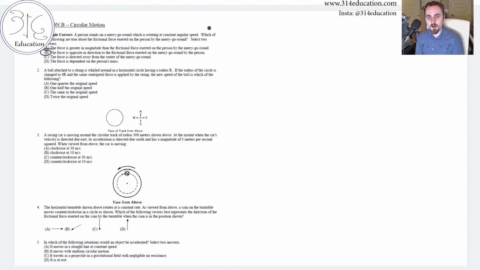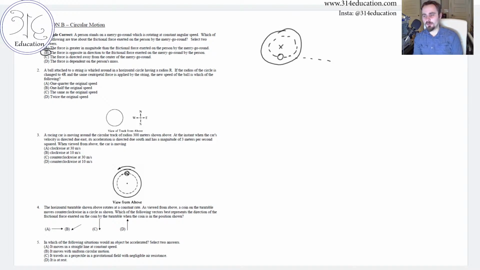C: The force is directed away from the center of the merry-go-round. Now this is a little bit tricky because if we think about our merry-go-round from a top-down perspective, we've got our little guy here. And this would be our axis of rotation. As we're rotating around, our guy would just move in a straight line unless he were held in place by some centripetal force to make him trace out this circle.